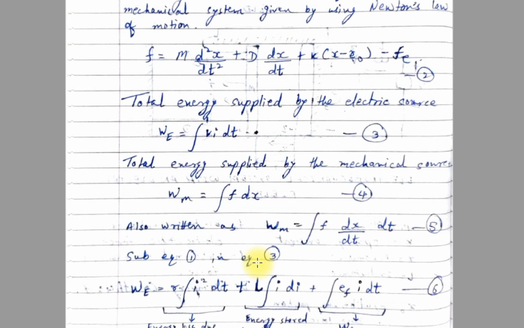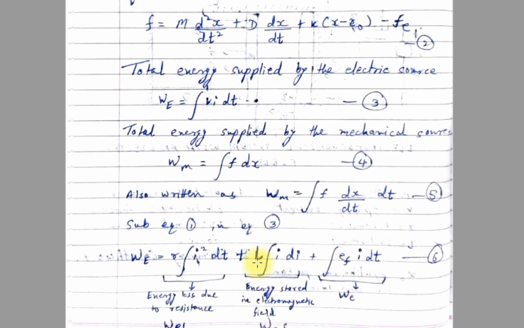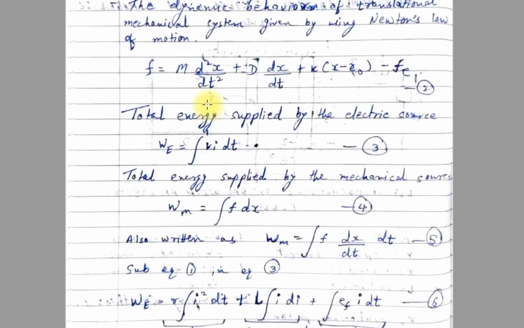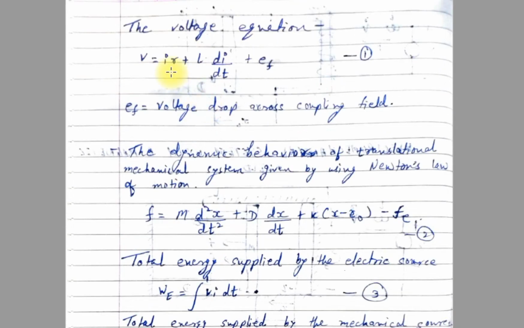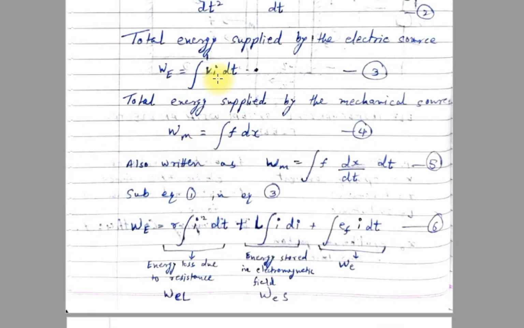So if we substitute that value, we can write WE, where instead of V, my first term is IR, and this is multiplied by I. So R is a constant, so it comes out of the integration.